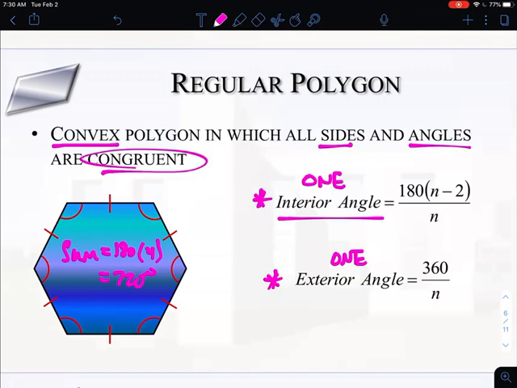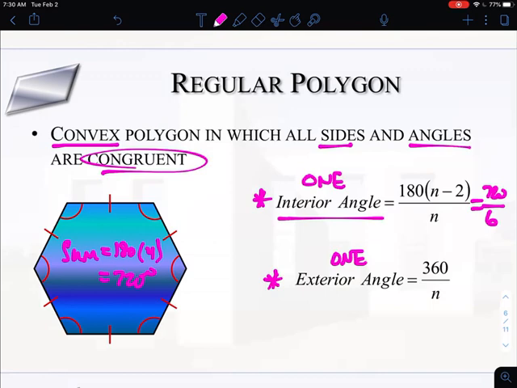That's the sum of my interiors. So for my hexagon, it was 720. But then I need to divide that 720 evenly into the 6 different angles that we have. So that's where that n, the number of sides, is coming in. So I'm going to take the 720 for my sum and divide it by the number of angles, or number of sides. And so for a hexagon, one interior angle would be 120 degrees.